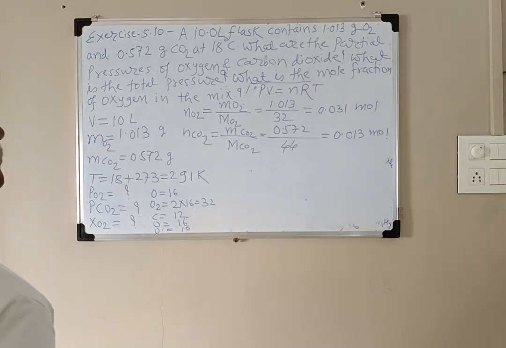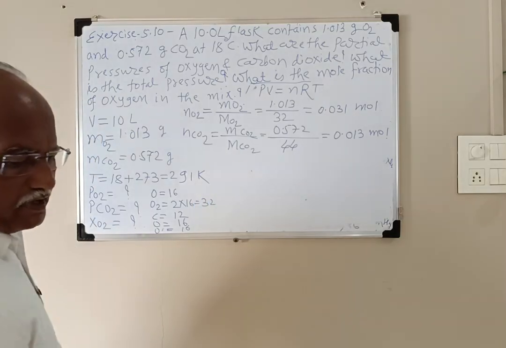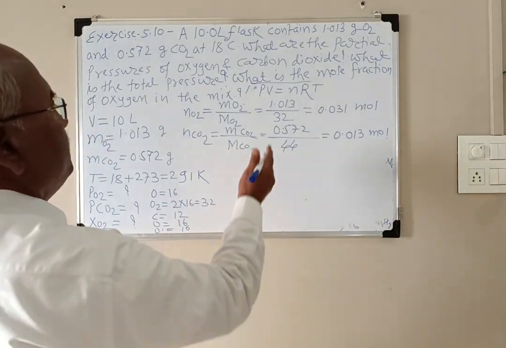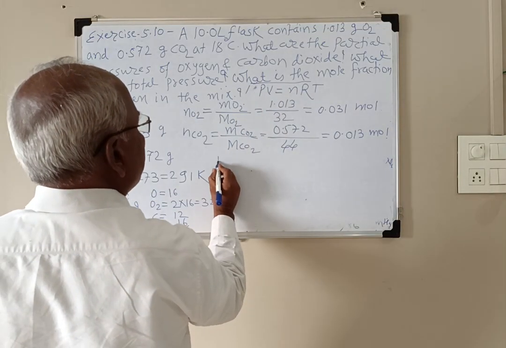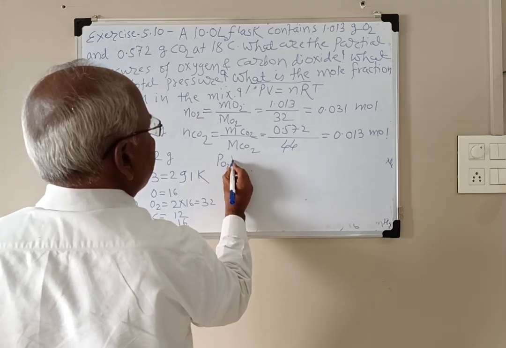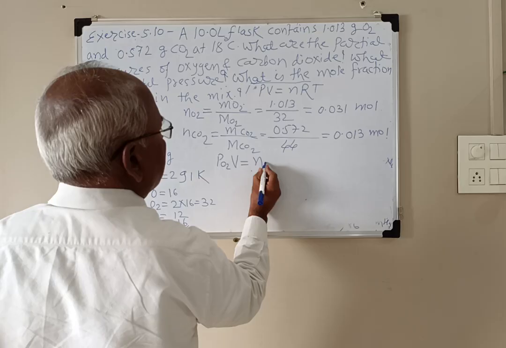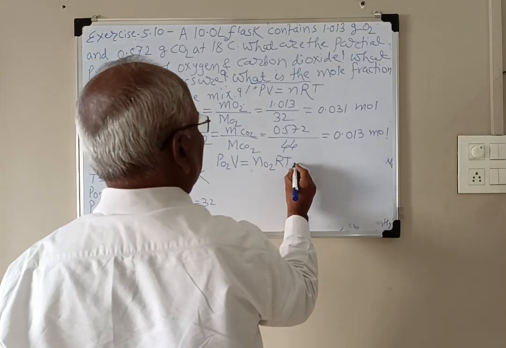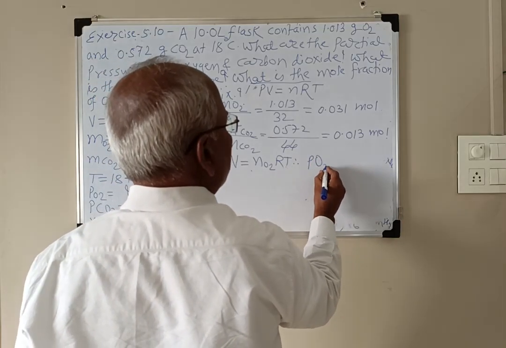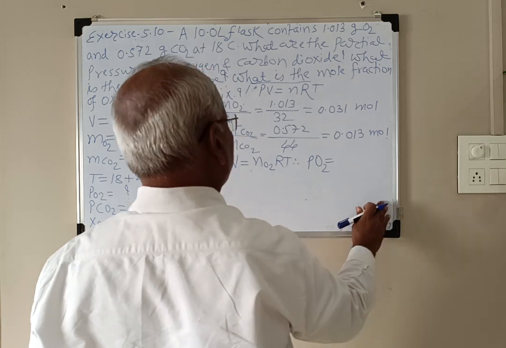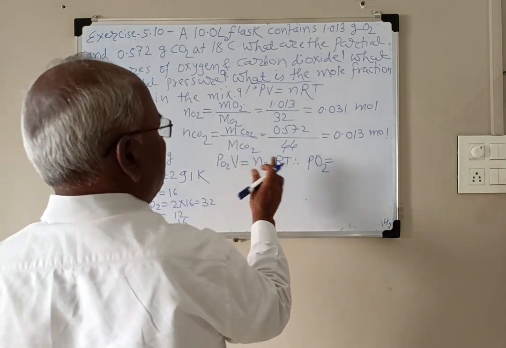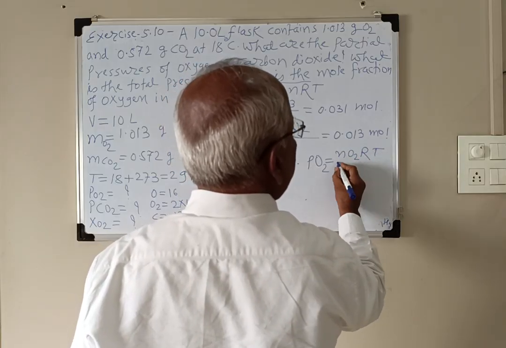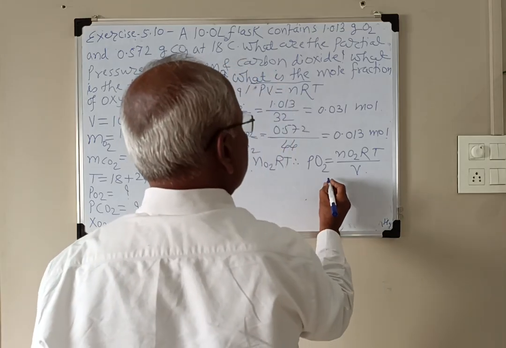I want some space, so try to write here. PV is equal to nRT, PO2 into V is equal to NO2 into RT. Therefore, PO2 is equal to, I take this V on right hand side, NO2 upon RT into V. Substitute the values.